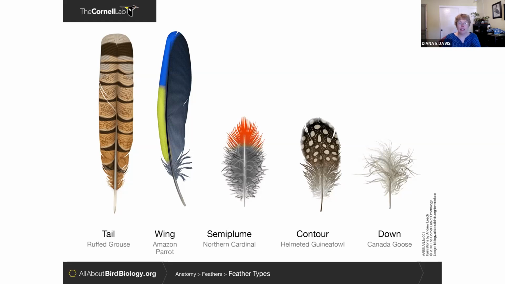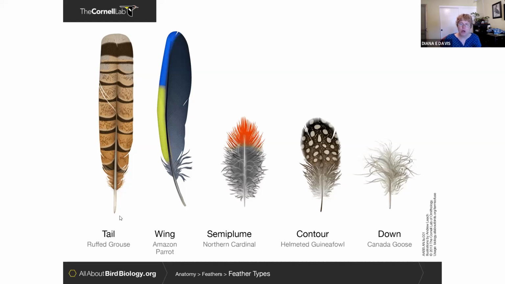So when we look at feathers, there are several major kinds of feathers that we tend to see on most birds. We're not talking about ratites here because ratite feathers are different.